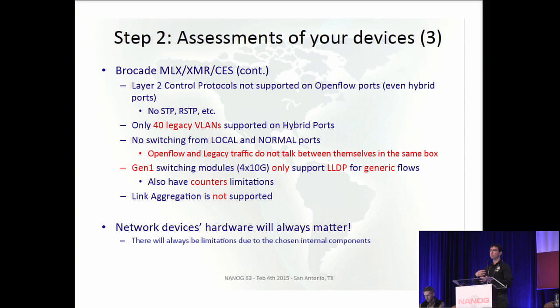So you have to create an external loop, connecting a fiber between two ports in the same switch, or using another switch to make this work. This is the approach that we use, creating an external loop, so the Openflow flow can go to the LSCP ports, and we don't lose the LSCP approach that we have in the backbone. And always have in mind that hardware will always matter.